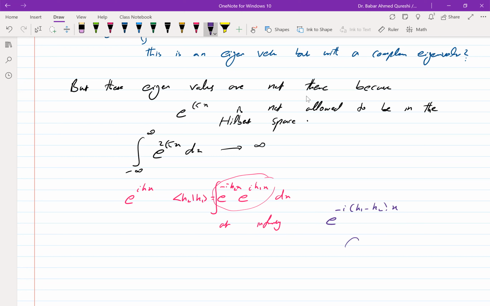So it's an oscillating function. And when you integrate it, you sometimes get plus, you sometimes get minus, and the limit is completely undefined. There's no limit to it.